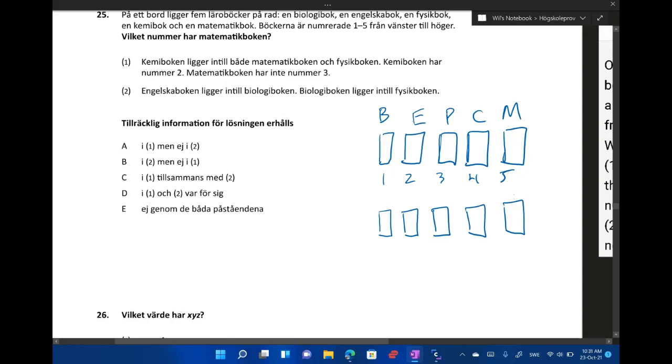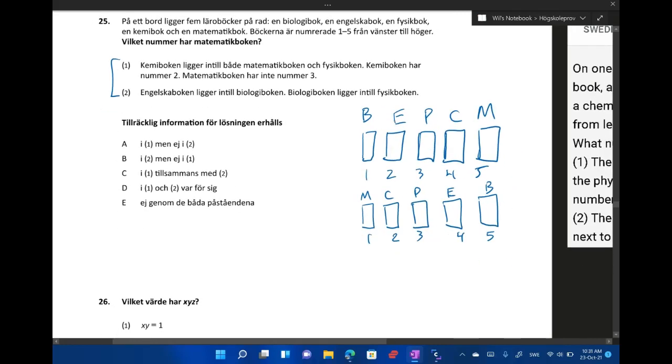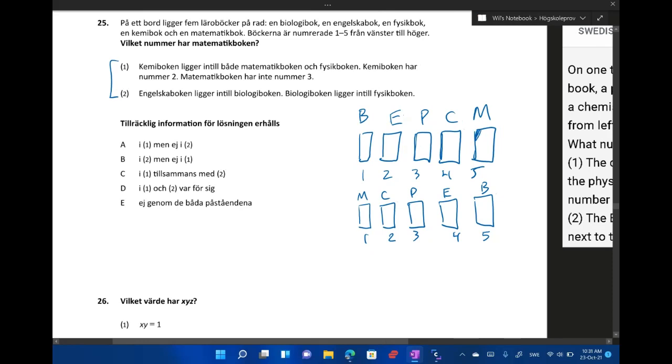This could be the chemistry, the physics, the English, and the biology. And then this would be the 5th, the 4th, the 3rd, the 2nd, the 1st. So we actually have a 50-50 chance if you weren't to read these. The math book can either be the 5th book or it can be the 1st book because they're in order, they say.